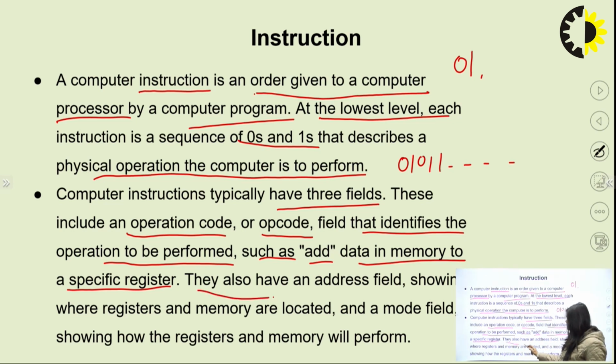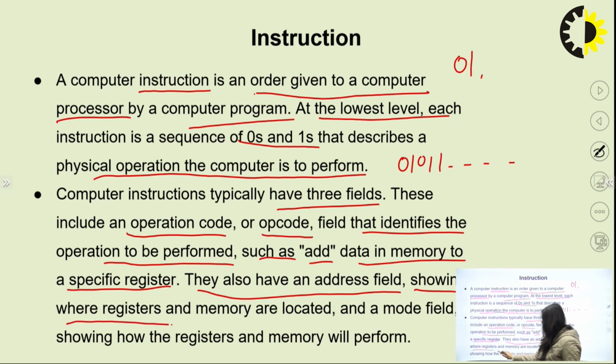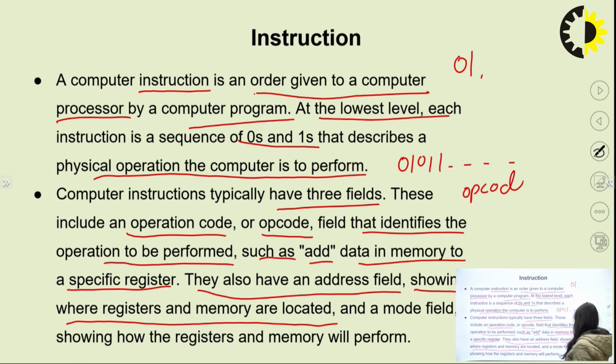They also have an address field showing where the register and memory are located. So it has two main places, first the opcode and another the address field. These are the main parts which an instruction contains.